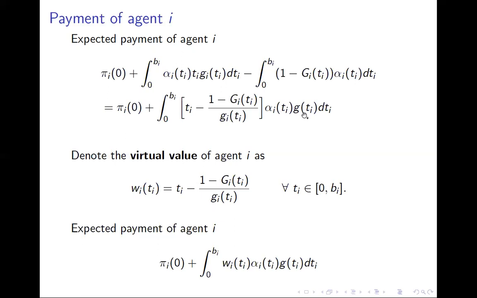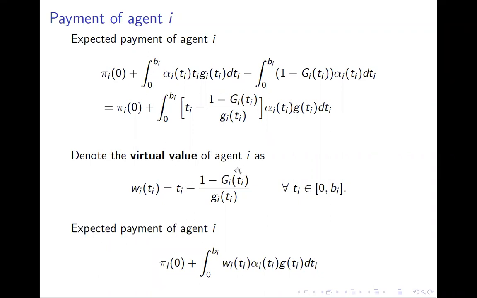Well, it's alpha i times ti, where alpha i is the expected probability of winning. So this is the expected value. But he pays back some of it as revenue. And so the expected revenue, because of individual rationality, will be lower than the expected value. That's what this is reflecting. And so this is the contribution of agent i to the seller if the seller uses this mechanism.